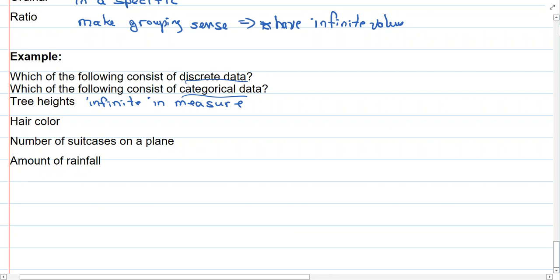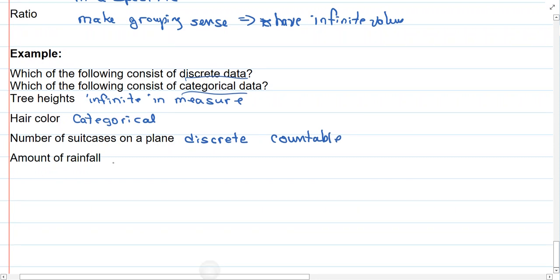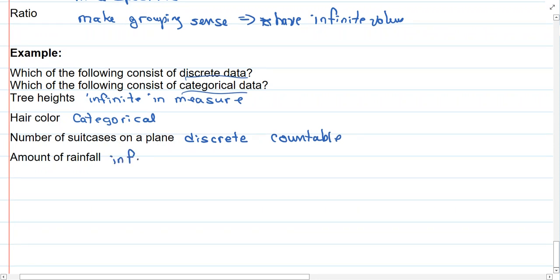Oh, now that's interesting, right? Hair color is categorical. And number of suitcases. Now that's discrete, countable. Amount of rainfall, infinite in measurement.